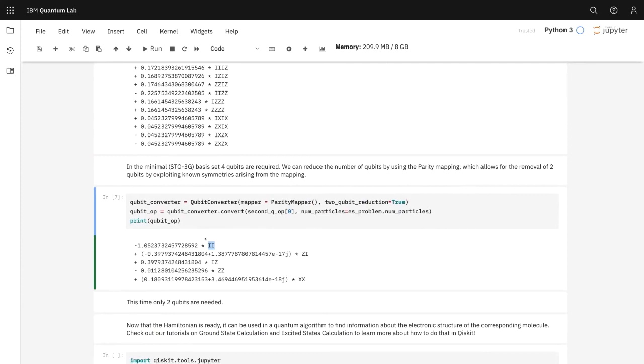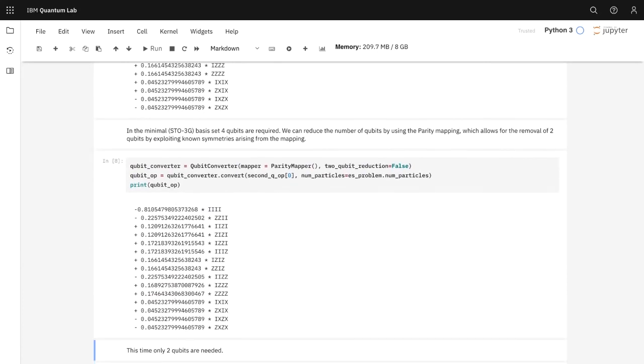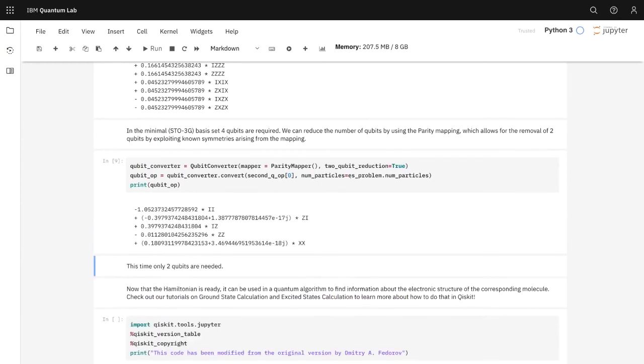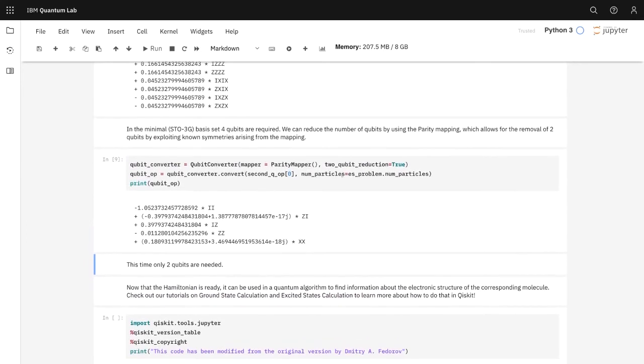And if you pass this with a default value of false, you're going to get the same number of terms as in other mappings, but we will stick with 2-qubit reduction so that we don't have to wait for long simulations. So this is the setup for the simulations to run VQE.